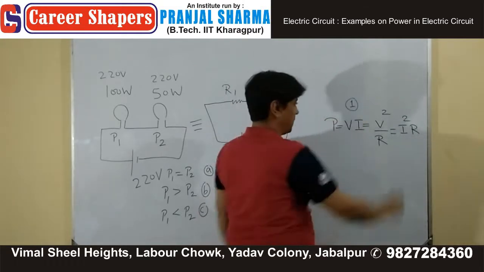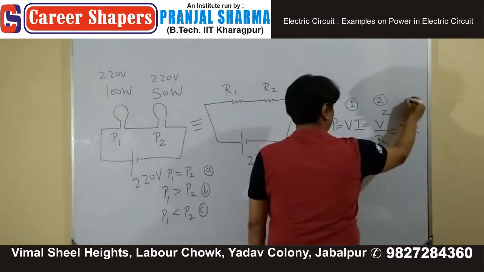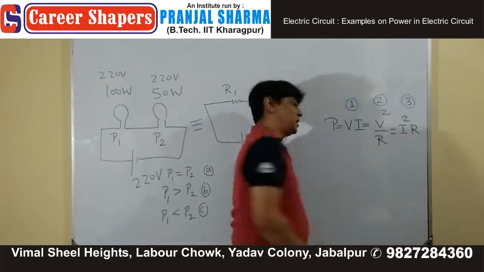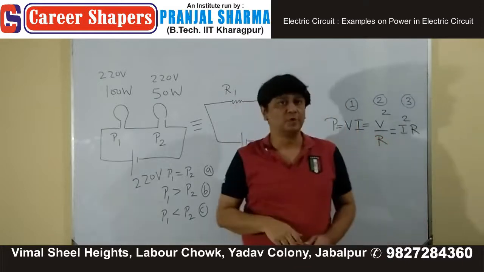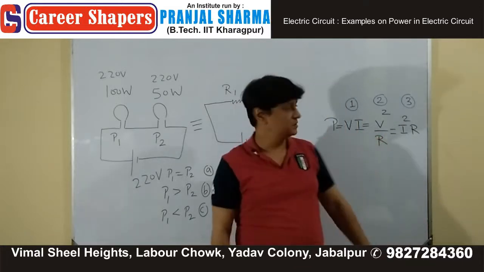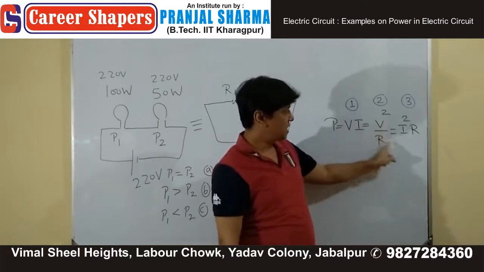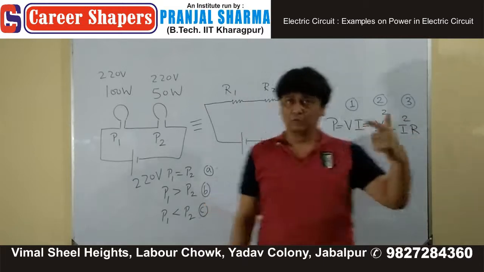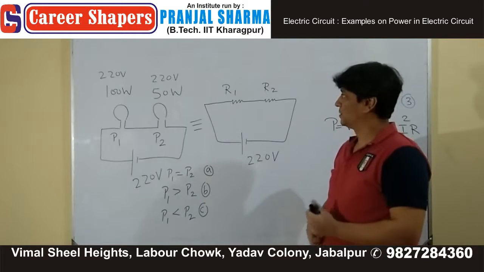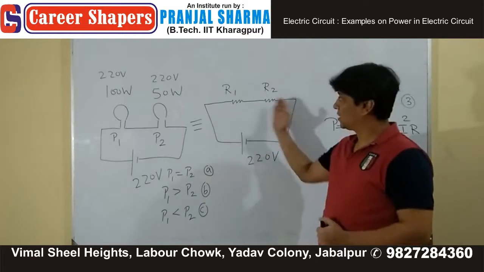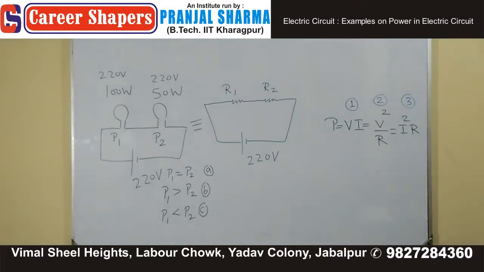P equals VI, P equals V square upon R, or P equals I square R. To compare brightness, which of these three formulas must you use? 1: VI, 2: V square upon R, 3: I square R. Answer this first in the comment box. The hint is, look at R1 and R2 and the combination they are forming.